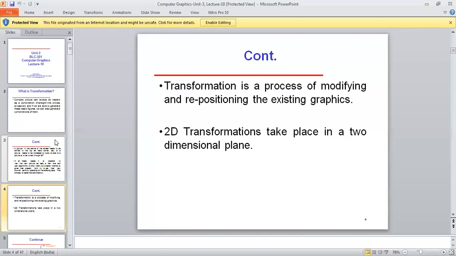What is the 3D plane? The 3D plane is x, y, z. In this case, we will consider all axes, that is the x-axis, y-axis, and z-axis. But at the starting, we will use the 2D axes, that is the xy plane. Then how will we indicate our image or picture on the 2D plane?